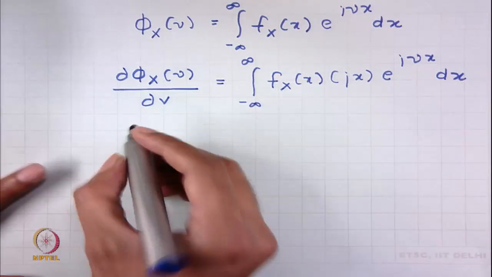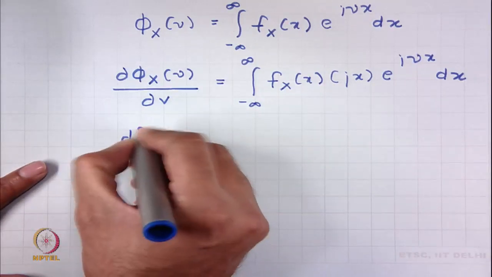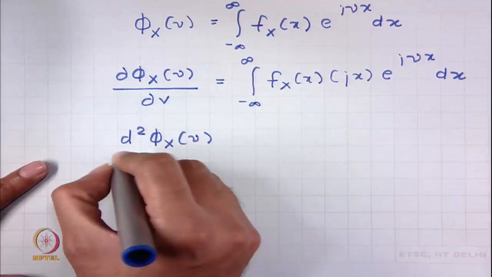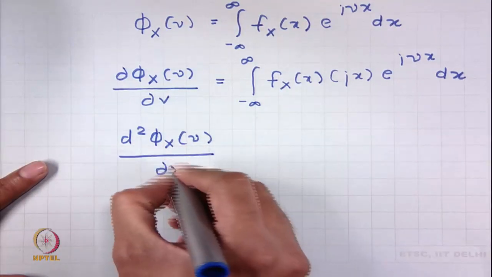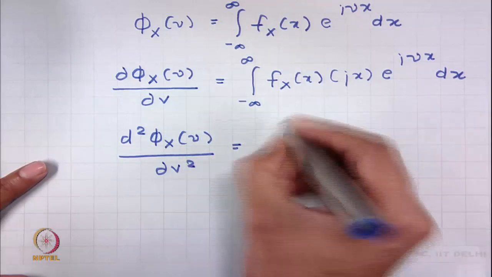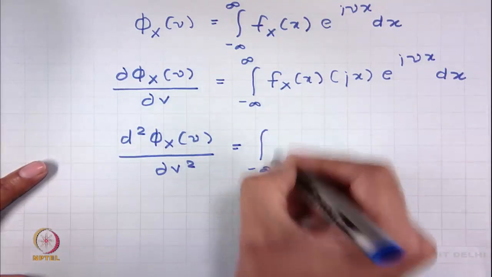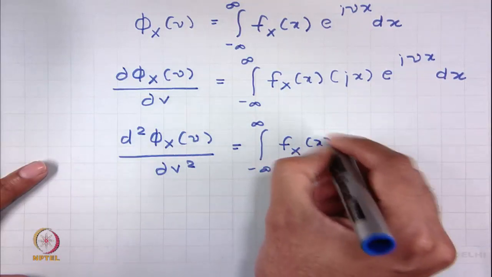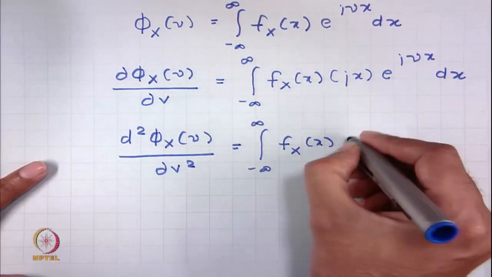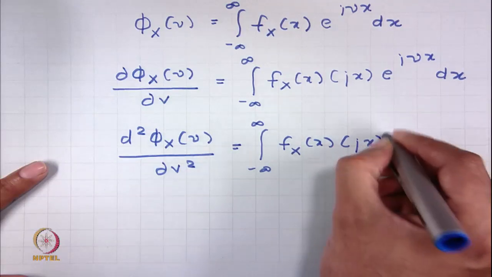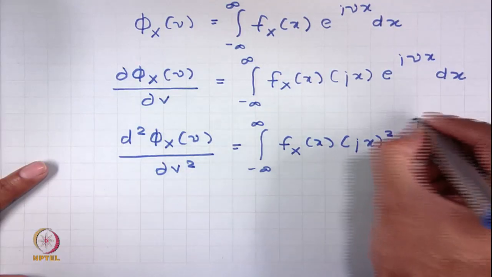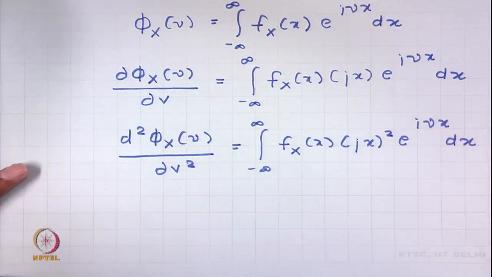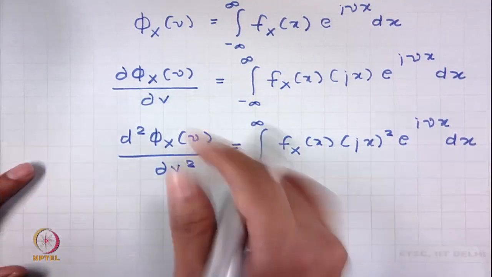Let me differentiate it again, two times. What I would end up with is, instead of j x, I will have j x square. I can keep on doing this differentiation.